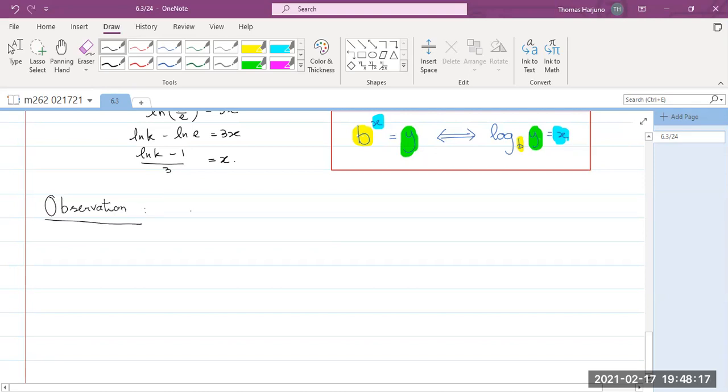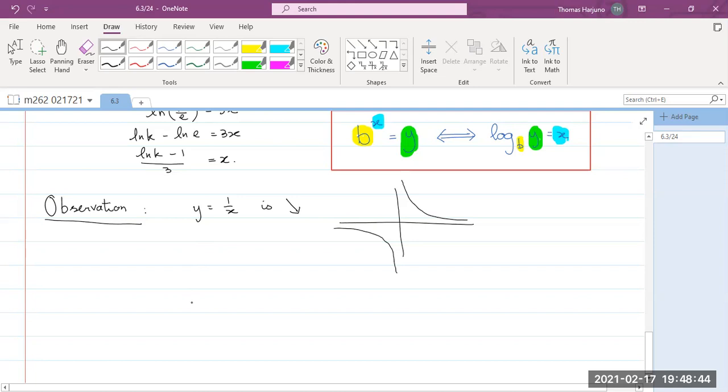Okay, now I will start with increasing function, maybe decreasing function. y equals 1 over x is decreasing, right? On the positive branch, it looks like this. On the negative branch, it looks like this. It is decreasing.